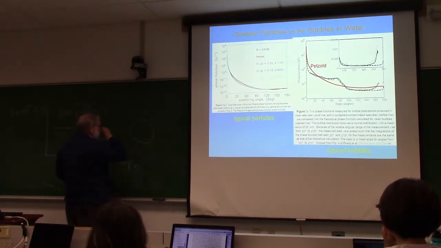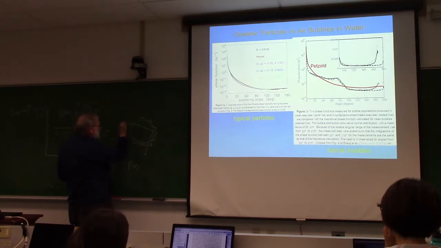Okay, so here's your air bubble in water. This is the water out here. You can get internal reflections here, and it may leak out here. And if this is at a little bit different location, you may have several internal reflections, and then it'll leak out.